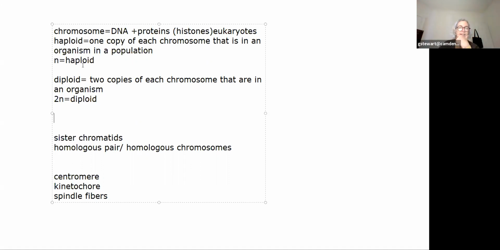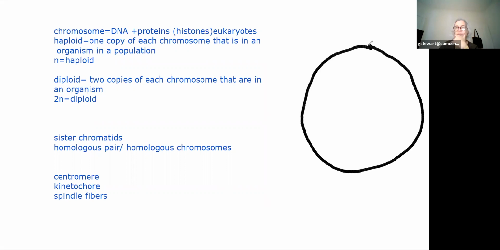Sister chromatids. So let's go back, and I'm going to draw a little bit over here on the side. So I'm going to make a cell. And I'm going to make a nucleus of that cell, with a nucleolus, right? And now I'm going to change my color to, I don't know, purple, or it's not very bright.